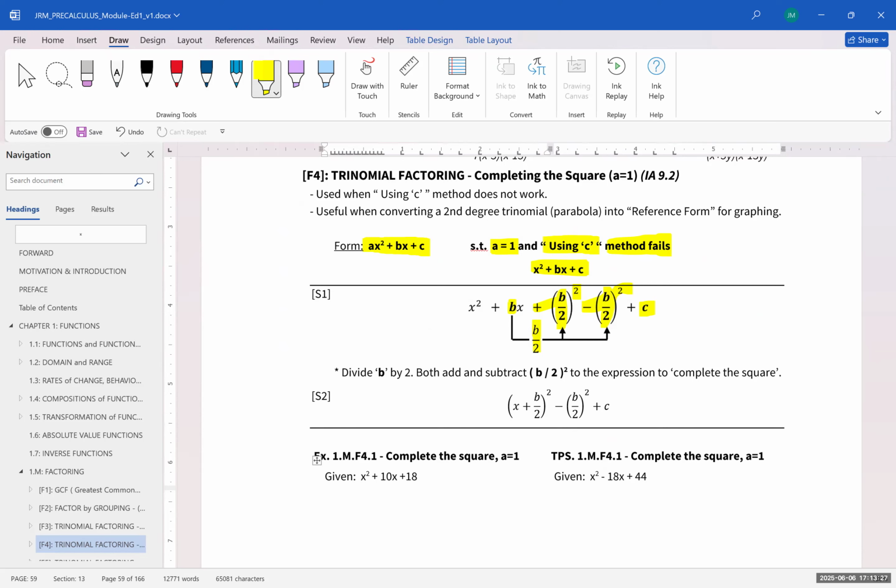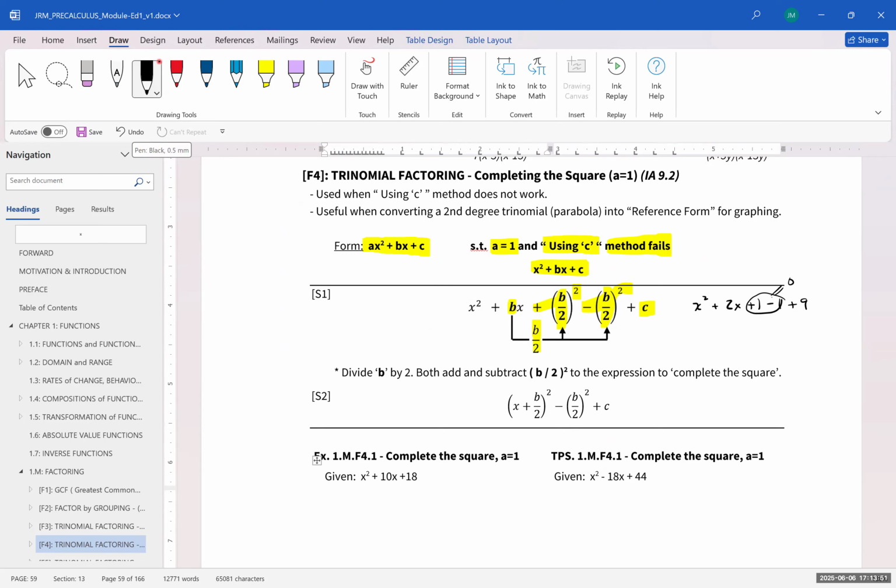Now, let's look at what this is doing. Let's say, for example, we had x squared plus 2x, plus 9 over here. If we decided to add 1 and subtract 1 to this, well, this adds up to 0.